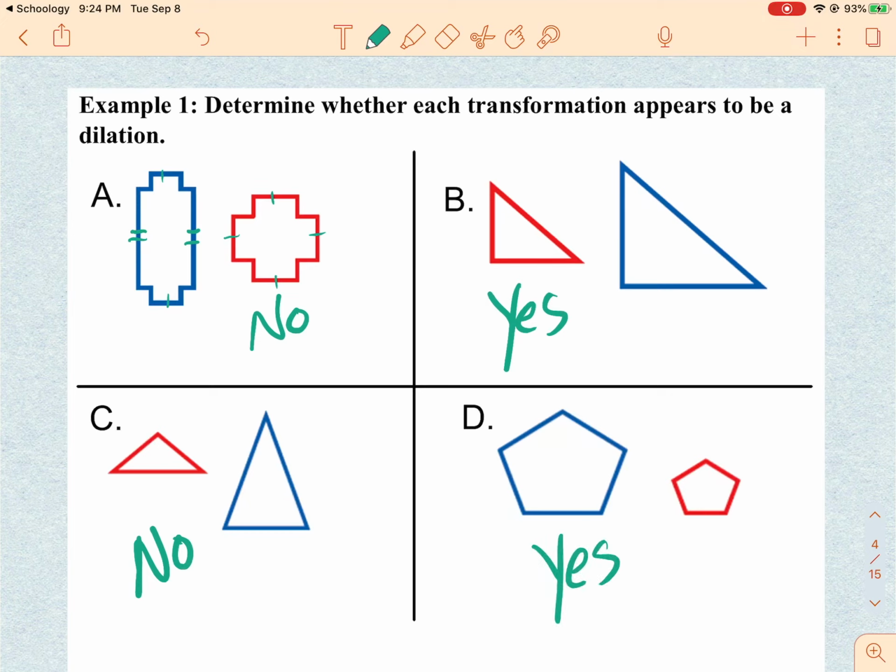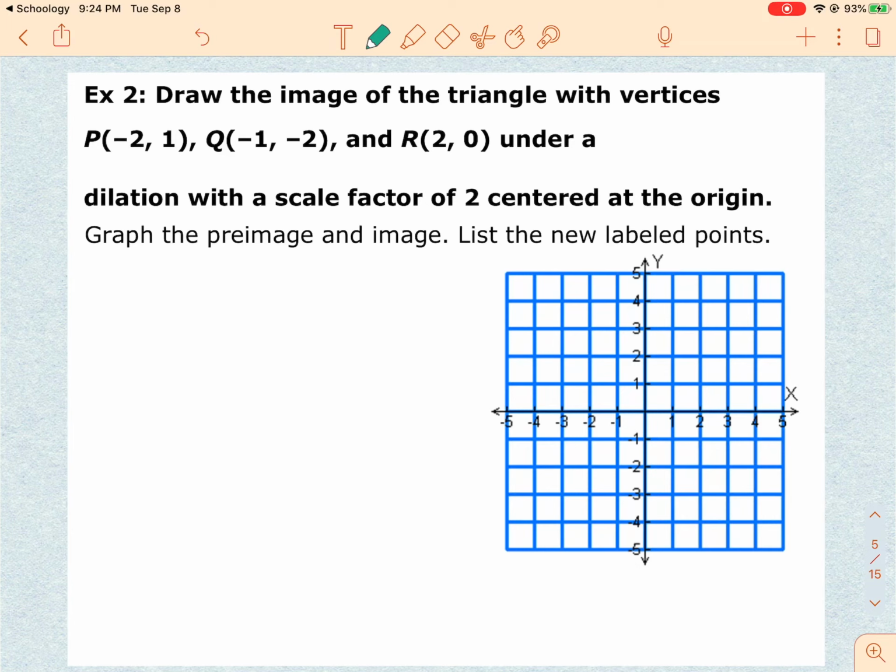When we're actually working in the coordinate plane, we would want to plot the pre-image. So they're giving us P is -2, 1. Q is -1, -2. And R is 2, 0.